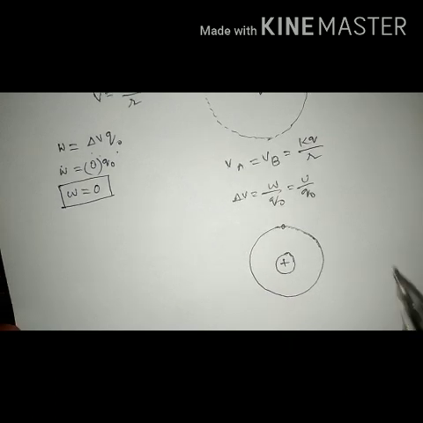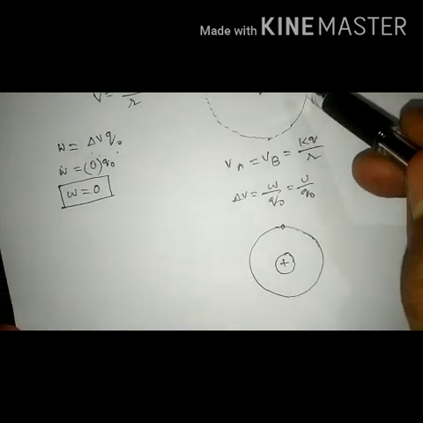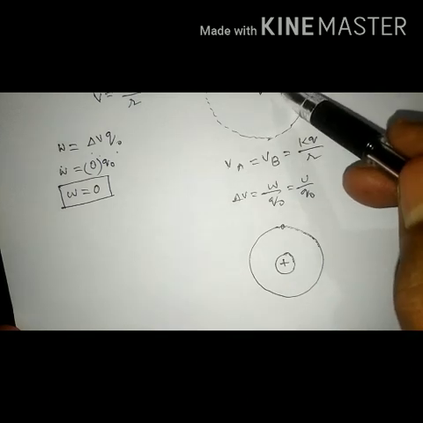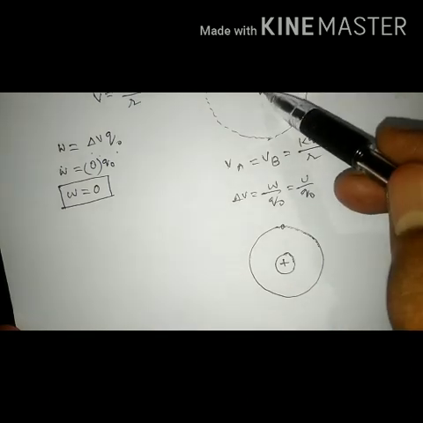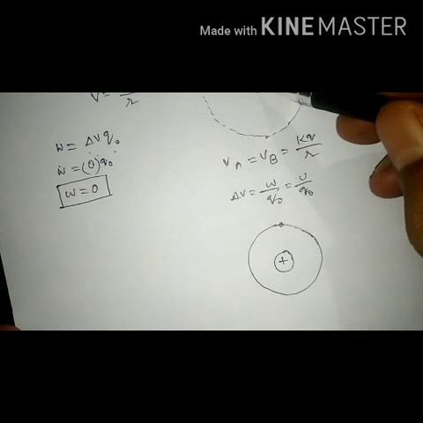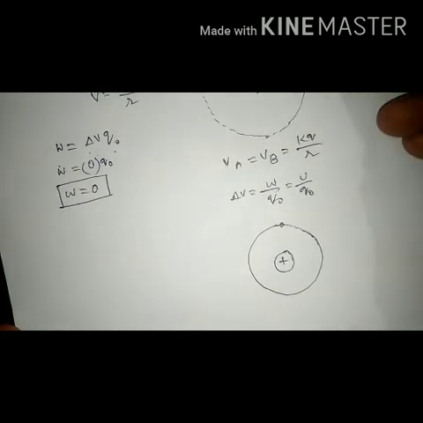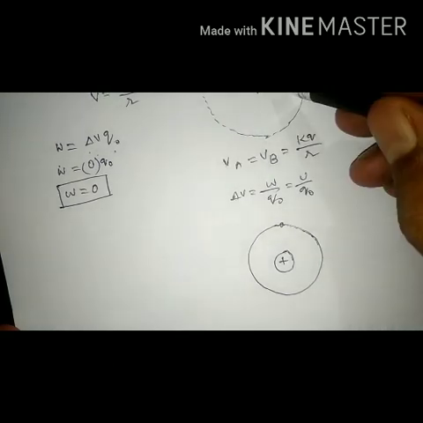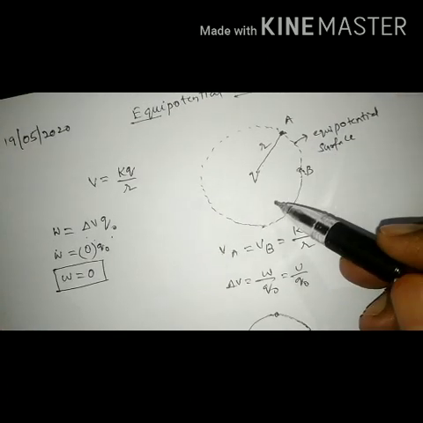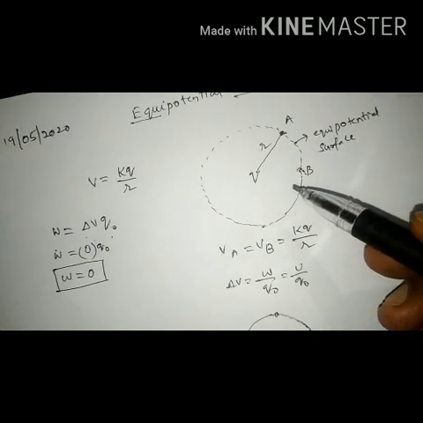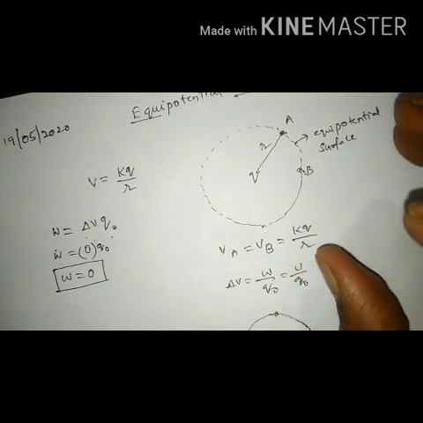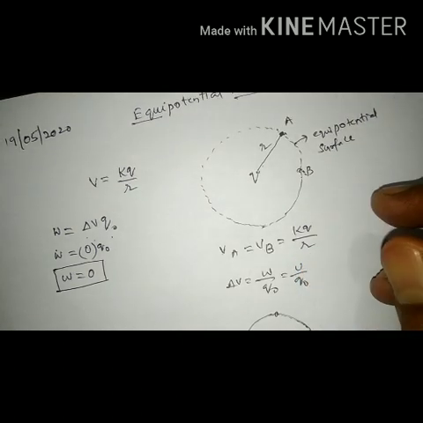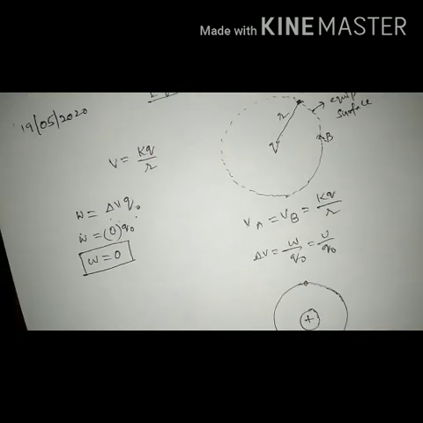Now the second condition: what is the relation with the lines of force? Suppose you have taken a charge, the lines of force start from the charge and move away from it, or move toward the charge, depending on whether it is a positive or negative charge. How are these lines of force and the equipotential surface related? For this I will use the same concept.